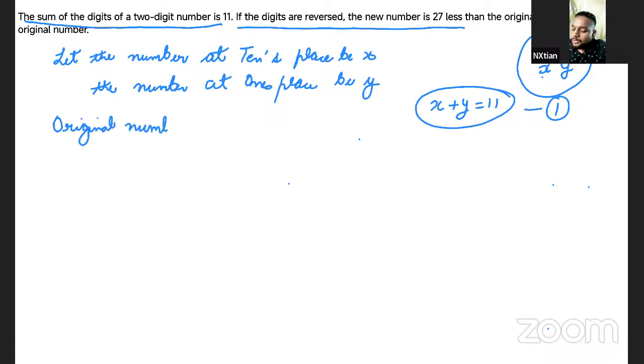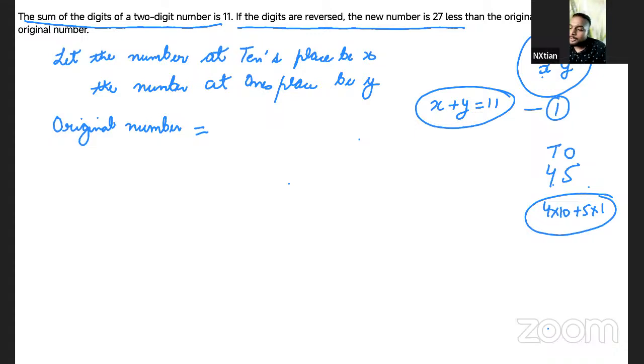For example, 45 can be written as 4 into 10 plus 5 into 1 in expanded form, because 4 is at the tens place and 5 is at the ones place. In the same way, the original number will become 10x plus y.